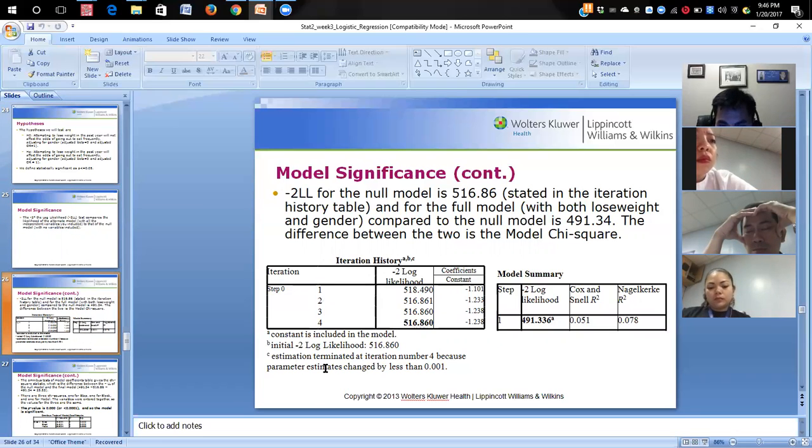The estimation terminated at number 4 because the parameter estimates changed by less than 0.001.